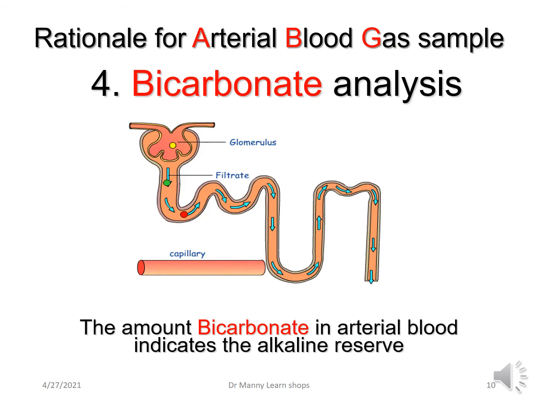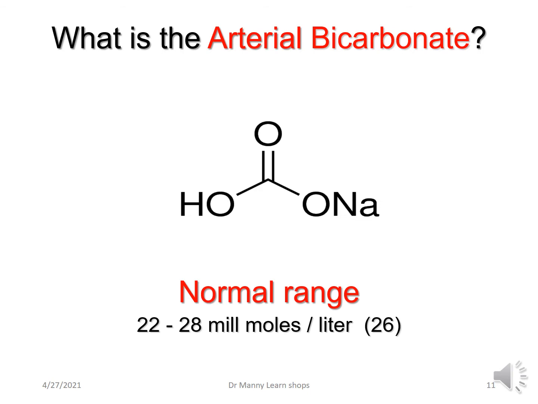Then we've got bicarbonate analysis, which we mentioned previously was the amount of bicarbonate in arterial blood, which indicates the amount of base alkaline bicarbonate available in the event that there is potentially harmful excess acid. It's the alkaline reserve. What then is arterial bicarbonate?